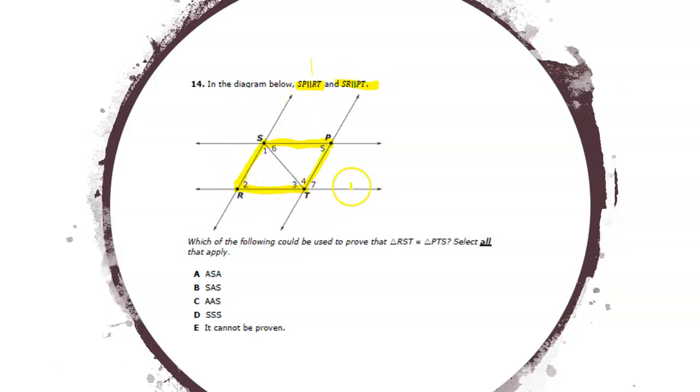Okay, so we have a parallelogram right there. And we can see this parallelogram is also cut by a diagonal, creating two congruent triangles.